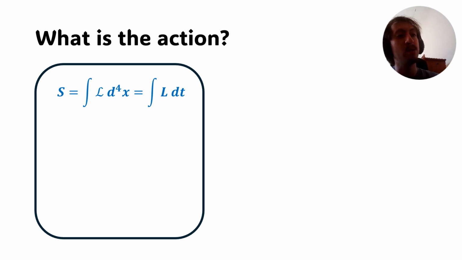Now if you integrate Lagrangian density over space-time, you're therefore integrating energy density over space-time, so you're going to get energy integrated over time, and that kind of energy is a Lagrangian, just normal Lagrangian.